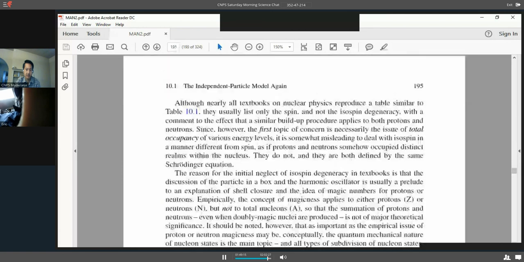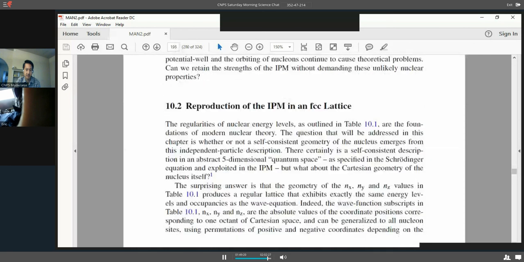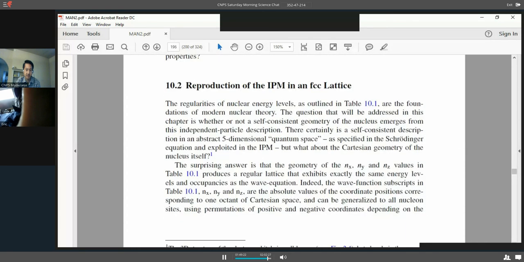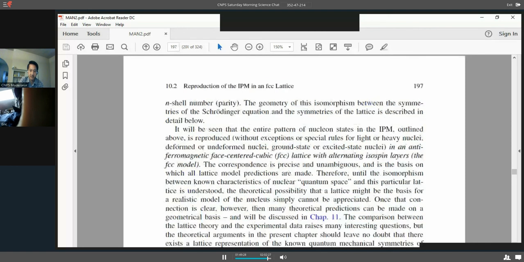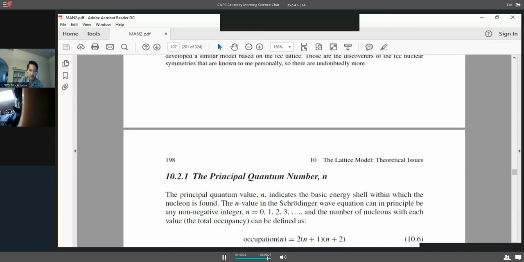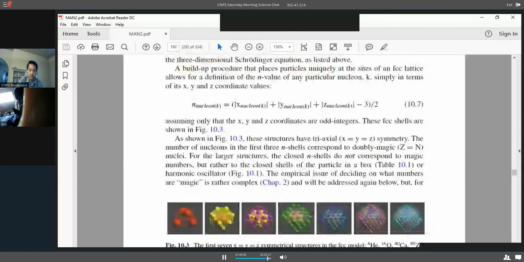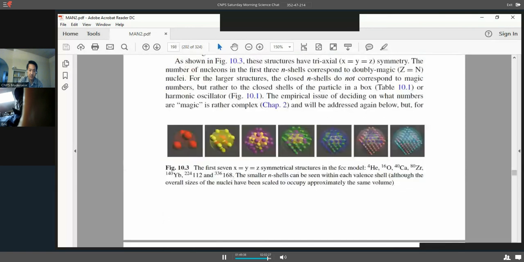Let's see, what did he have to say about his own model? So FCC lattice, that's what he's talking about here. Principal quantum number. Once again, there's his pictures there.